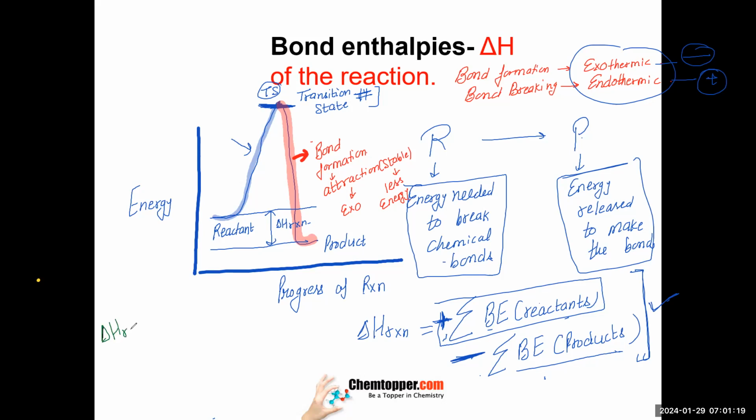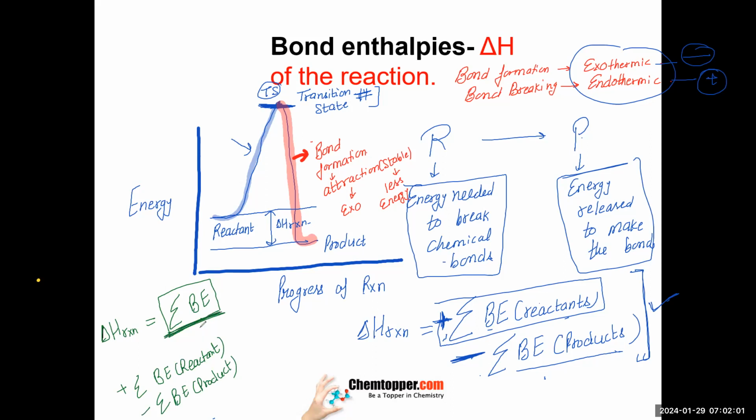Delta H reaction is the summation of bond enthalpies, that's it. But here you know that the summation of bond enthalpies means the bond enthalpies of the reactants, which should be plus, and of the products. Reactants breaking, products making. So in short, this equation can be written like this.